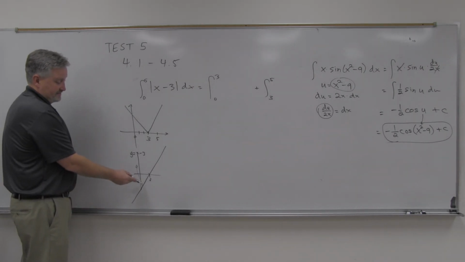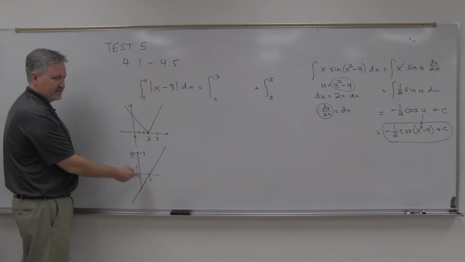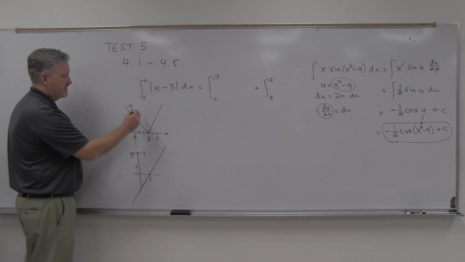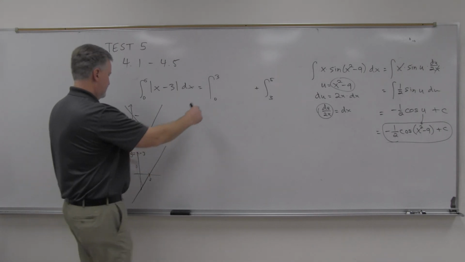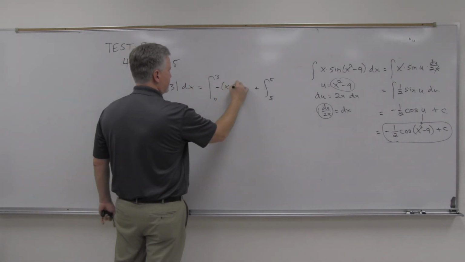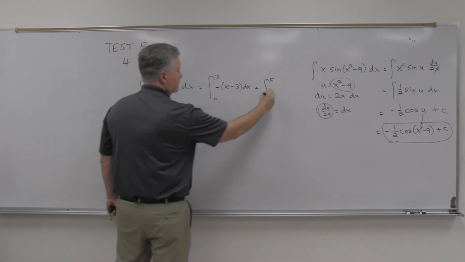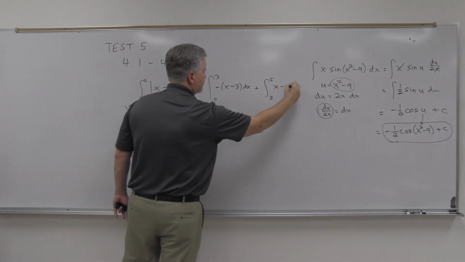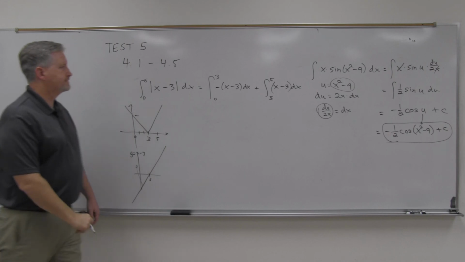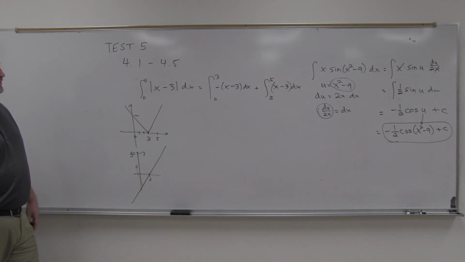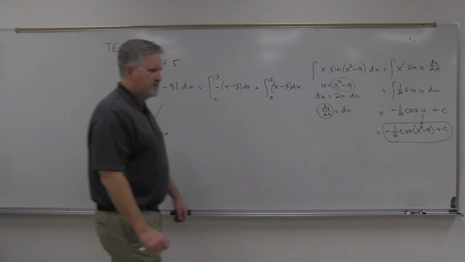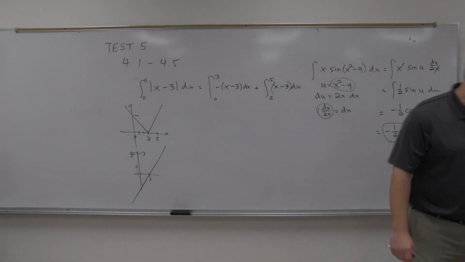If you're looking at the piece that gets flipped up, then that's the negative part. So this 0 to 3 would be the negative of the x minus 3. And then the 3 to 5 is just regular x minus 3. And then you can do those antiderivatives.